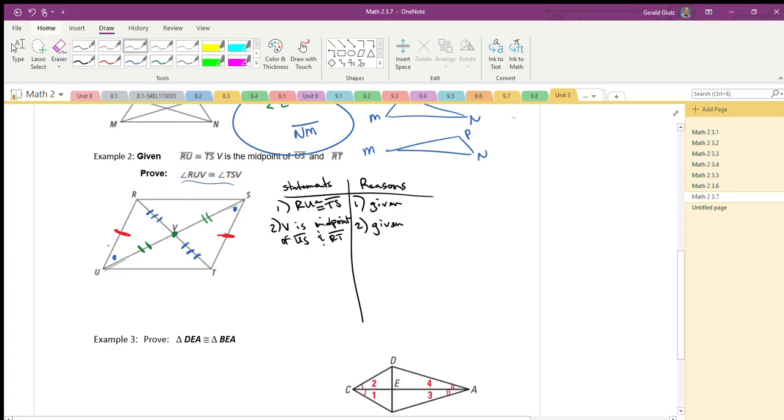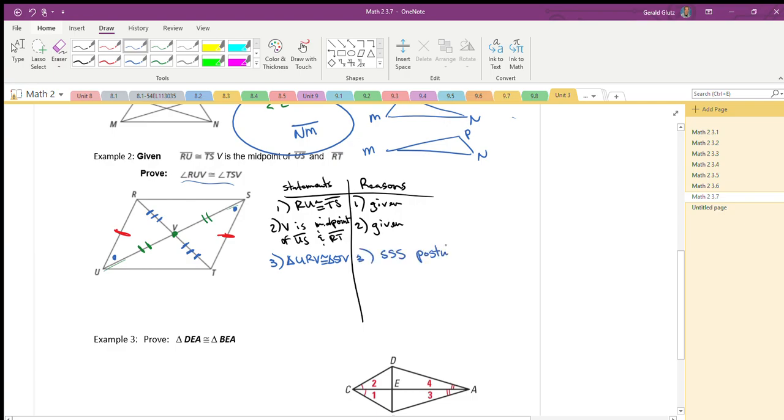But we do know that this triangle right here is congruent to this triangle. And how do we know that? Hopefully you're answering. So triangle URV is congruent to triangle STV by the side postulate.